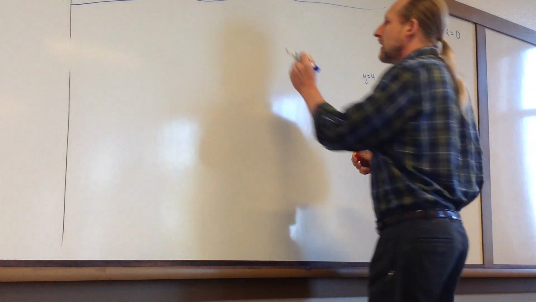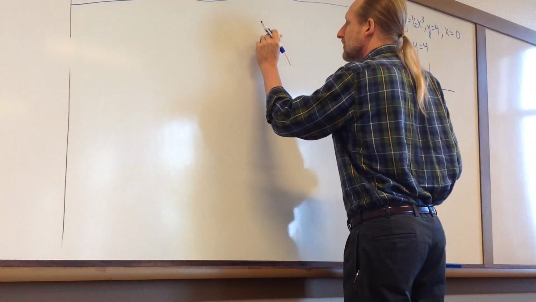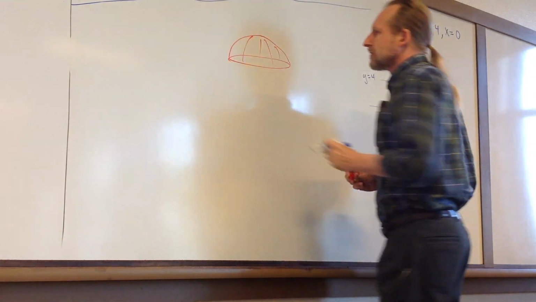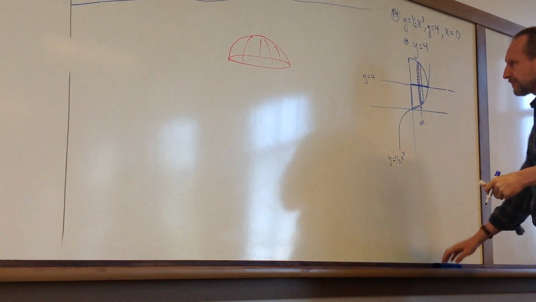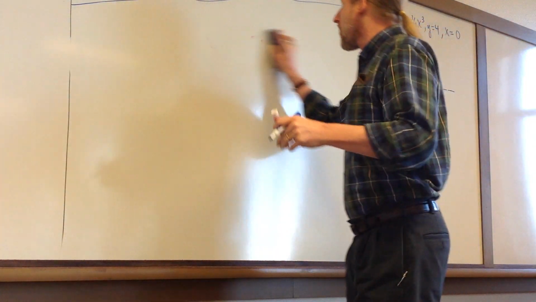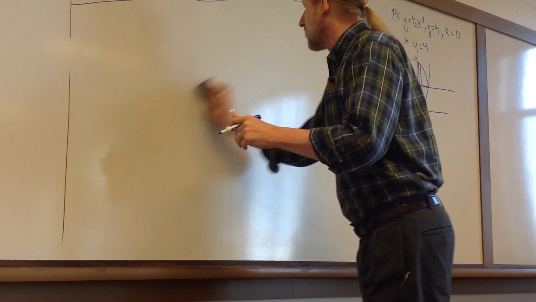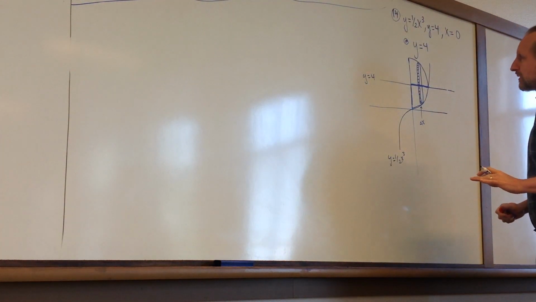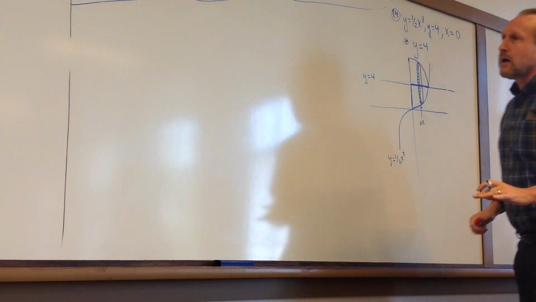What does this thing look like? You know, it kind of looks like this, right? Something along those lines. Okay, so now we know we're working with a disk problem here, okay?